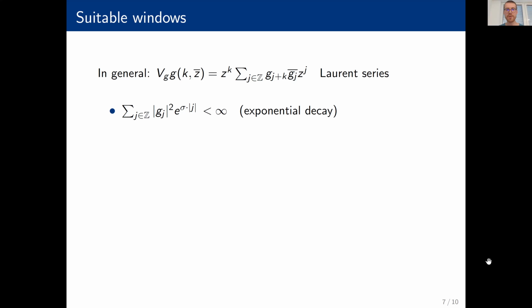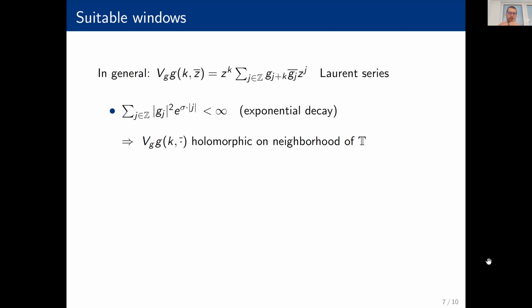With this assumption, we can show that VGG actually extends to a holomorphic function on some neighborhood of the torus. And now we again have a holomorphic function, which is not identically 0 if we take our shift k to be from DG, because then one of these coefficients won't be 0.